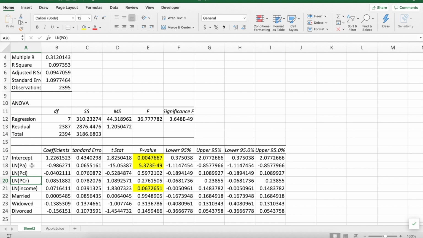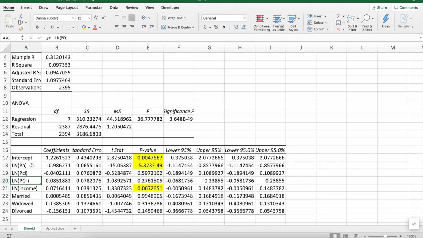Maybe it'd be interesting if there were cran-apple juice, different juice mixes. If we had data on that, it might be nice to include that and see if that is either a complement or substitute for apple juice. But as we've included these two different juices, neither one of them is either a complement or a substitute. So if you are selling apple juice and the price of cider and cranberry juice is going crazy, according to this data, you really shouldn't be too concerned.